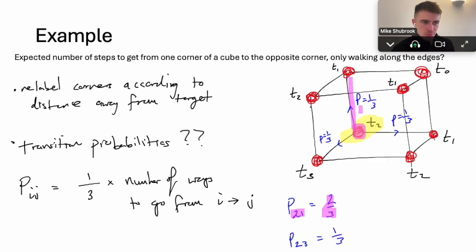Now there are 2 possible paths which can take me to a state which is now only 1 step away from the target. Each one has a probability of 1/3, so therefore the probability is 2/3. And then from the state which is 2 steps away, there's a probability of 1/3 of me going back to a state which is 3 steps away. So therefore the probability of going from 2 to 3 is 1/3.